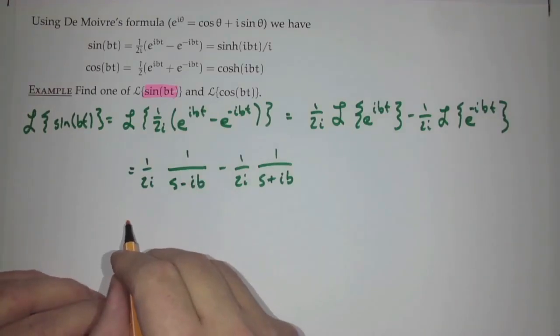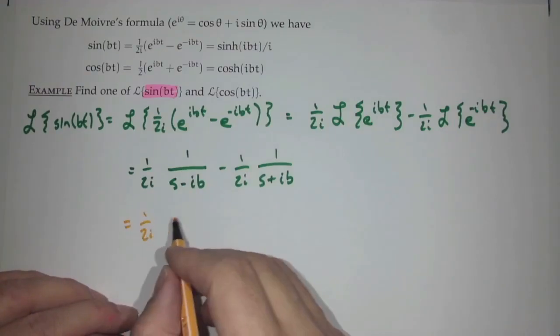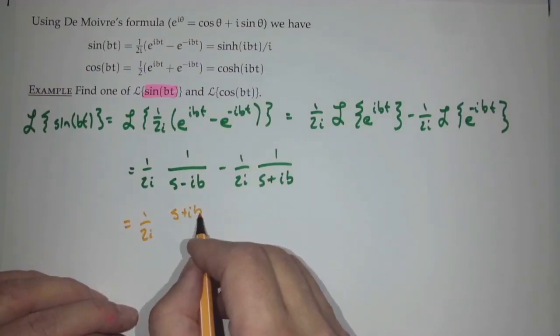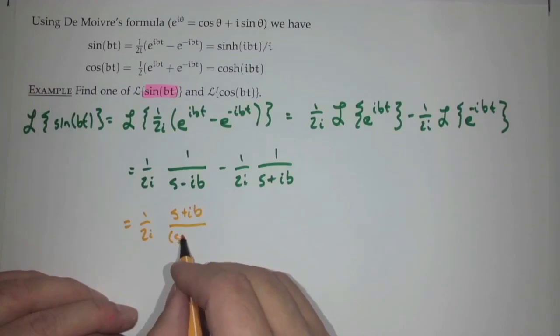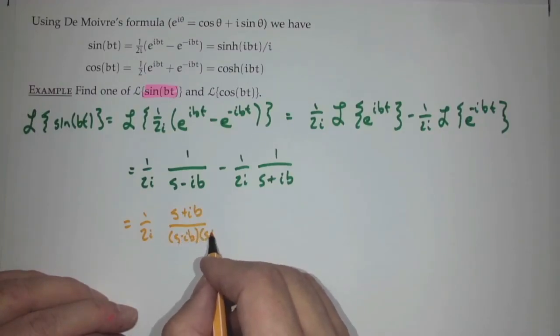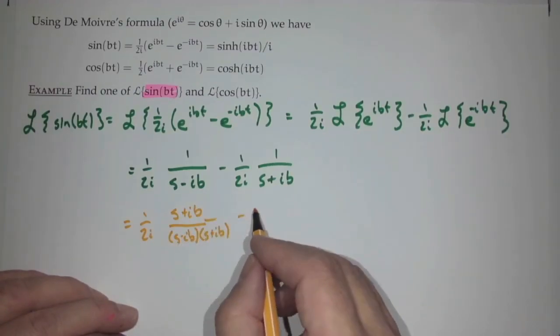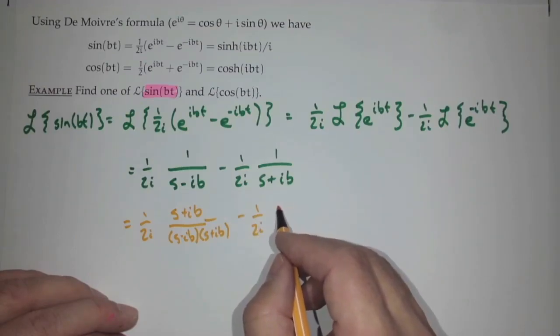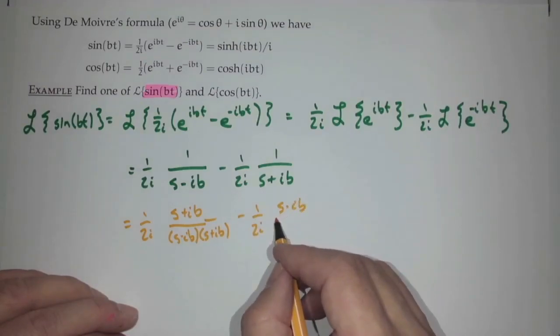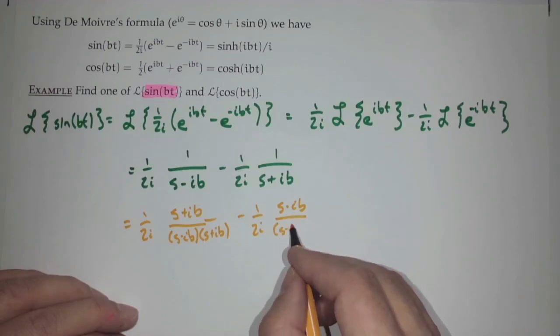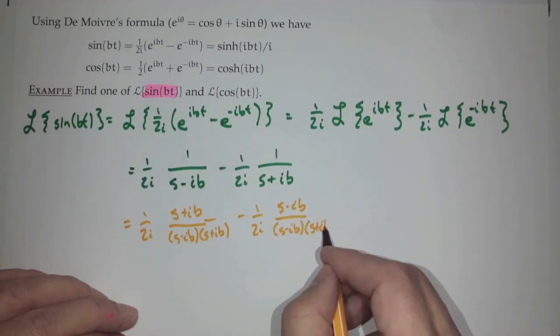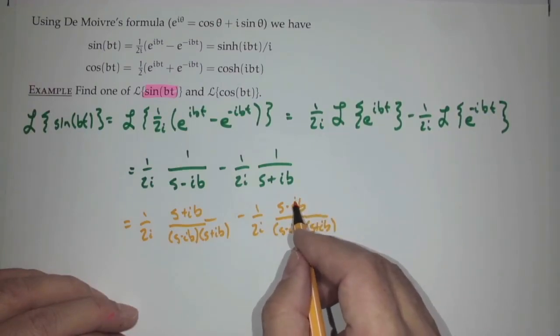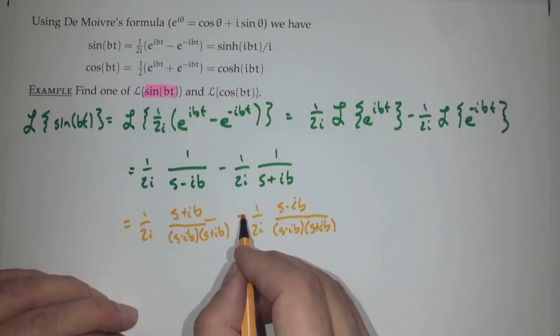So in the first piece, I'd multiply by s plus ib top and bottom. On the second piece, I'd multiply by s minus ib. And I do that on top and bottom. And if I do that, then my denominators line up and everything is happy.